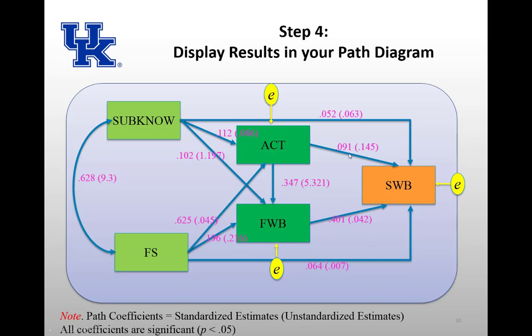If you look at the values within the parentheses, we can also identify some of the weakest ones. We can see the weakest one is overall life satisfaction predicted by financial skills. Then the unstandardized estimate is only 0.007.